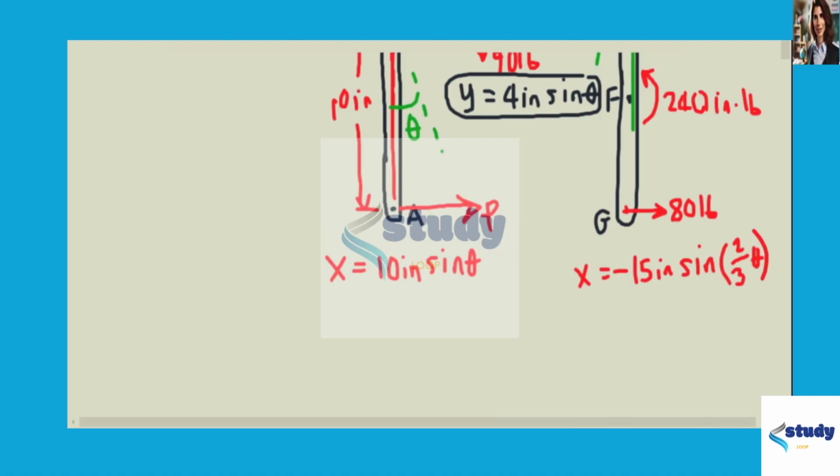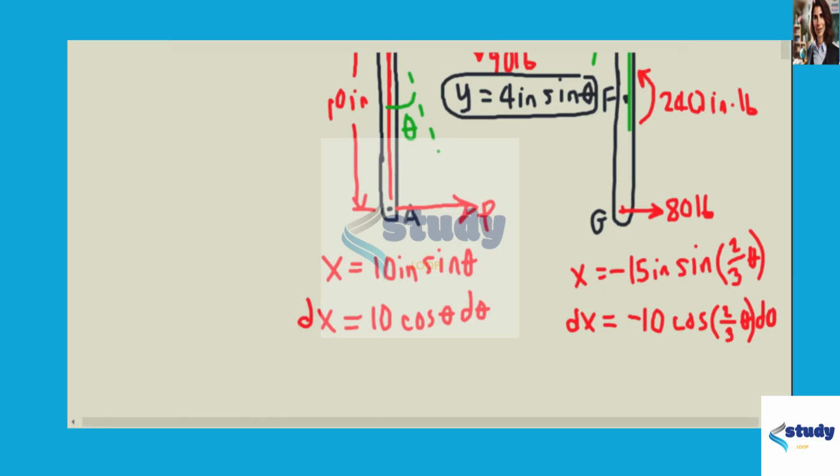So now I'm going to go ahead and do the derivatives. dx equals 10 cosine theta d theta. dx equals negative 15 times 2/3. So that would be negative 10 cosine of 2/3 theta d theta.